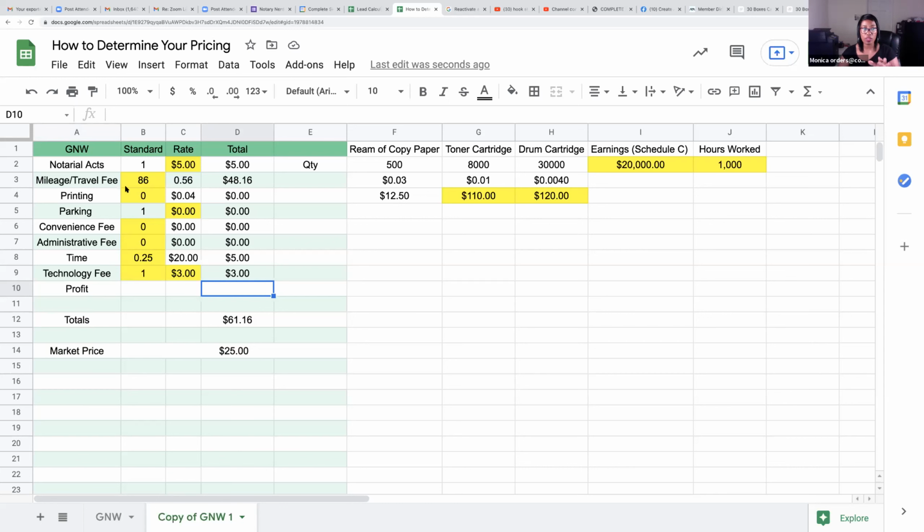With the way that we've got things going here, by me doing the 86 miles, the 150 pages, the time, the technology fee, all these different things, I really already put my profit in. So you don't have to do all of those things and this. Or you can do all of these things plus your profit and then make the necessary adjustment.